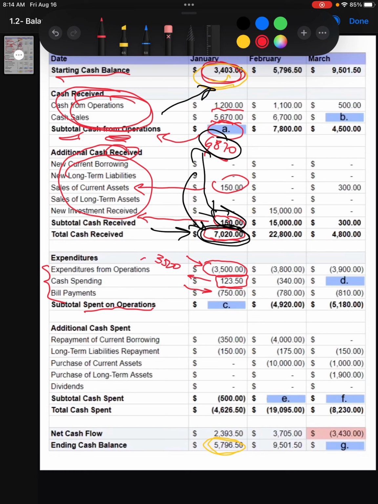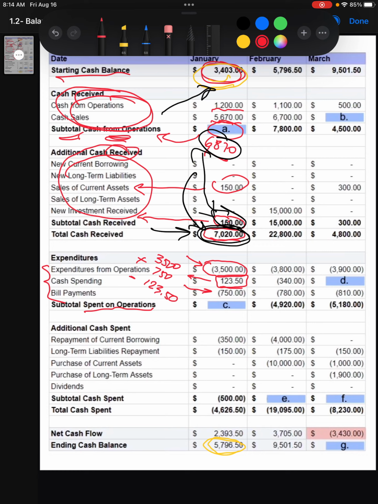So the total money spent on operations is going to be this 3,500 plus 750, and then you subtract 123.50. Okay, let's see what happens. And I don't want you to get some conflicts with, but isn't it supposed that the numbers in parentheses are negative? How come that now you are subtracting the ones that were supposed to add and adding the ones that were supposed to subtract?